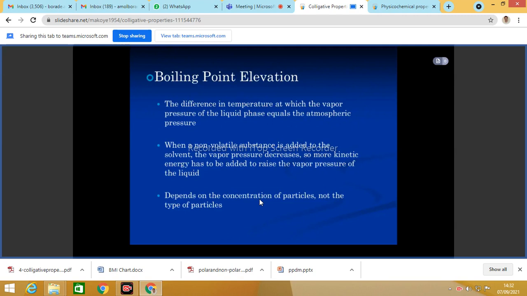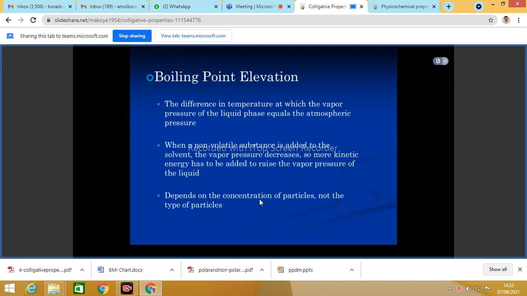Then the temperature goes on elevating, and when the vapor pressure matches the atmospheric pressure, then the temperature at which the liquid starts boiling, when it equals the atmospheric pressure, that temperature is called the boiling point of the liquid.